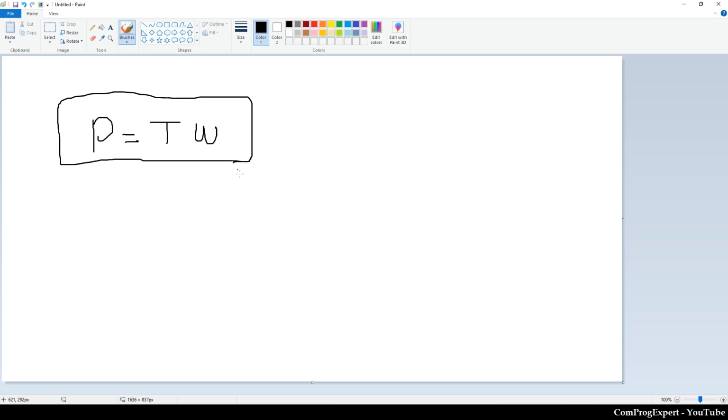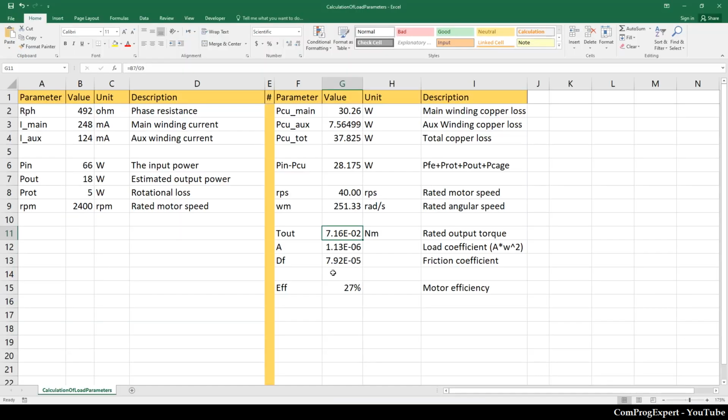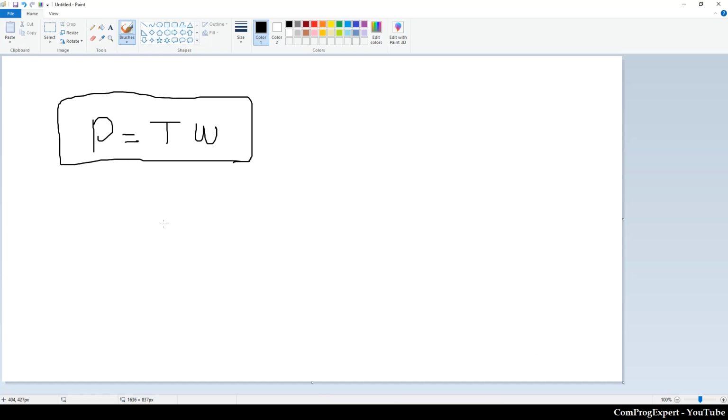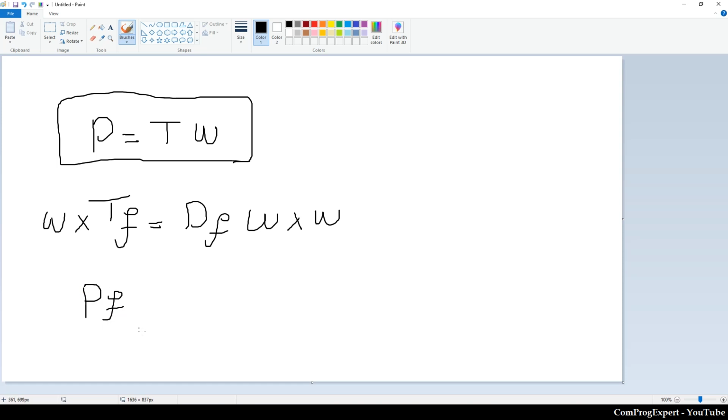We have this equation, power is equal to torque times omega. So I can calculate the steady state torque. And what is the friction coefficient? You know that the frictional torque is equal to friction coefficient times omega. So if I multiply both sides by omega, this is the power loss due to friction, actually our rotational loss, and this is equal to friction coefficient times omega squared.